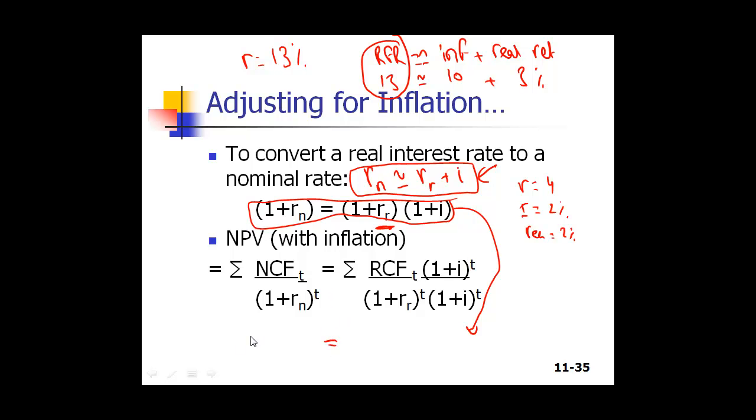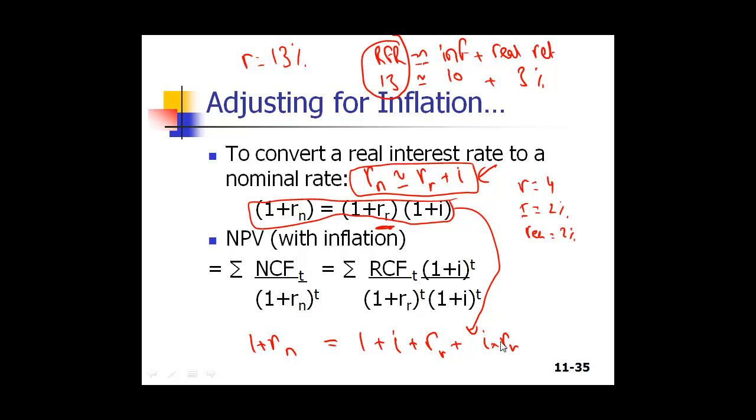So 1 plus Rn would be equal to 1 plus the real rate plus the inflation plus the real rate into inflation.